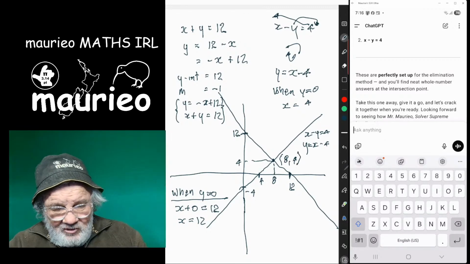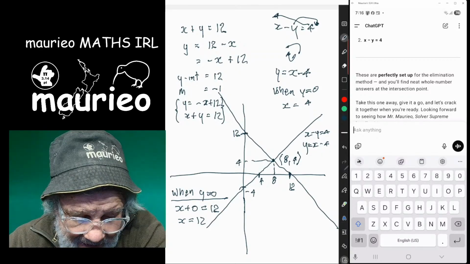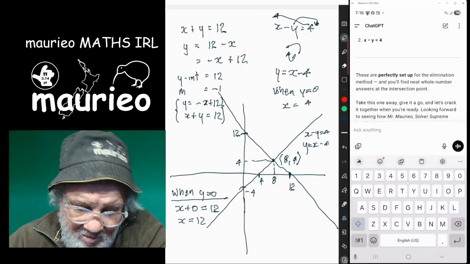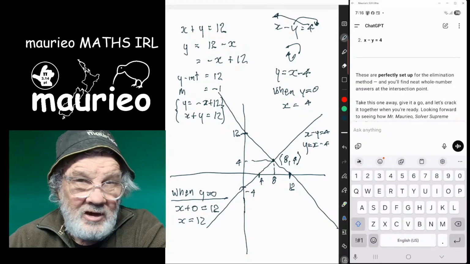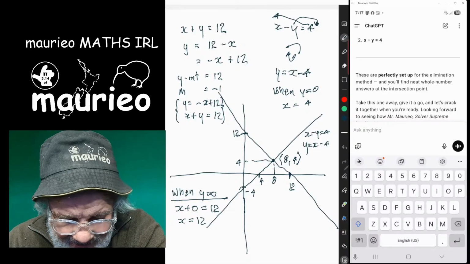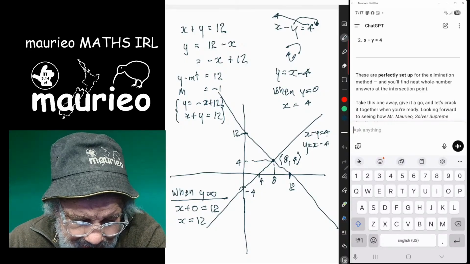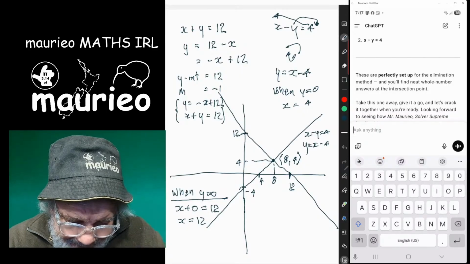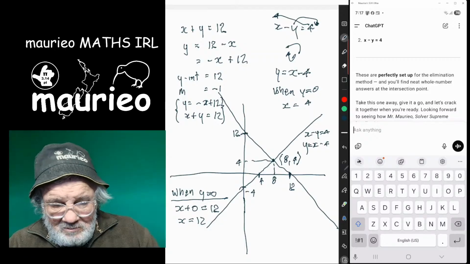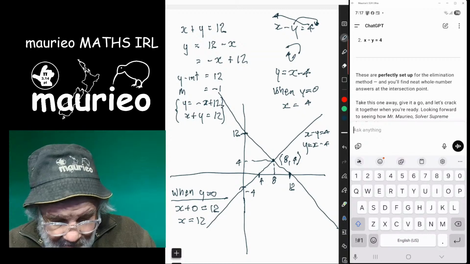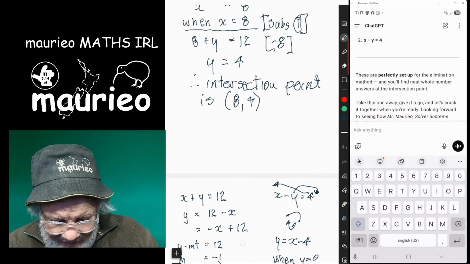Now, it's not necessary to draw the graphs and all that. I've just drawn those to reinforce how this all works. We could have, the actual question probably stopped here when we got 8.4.